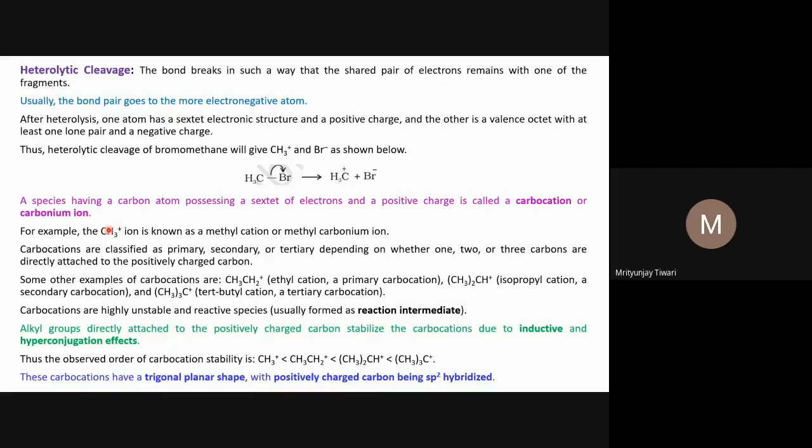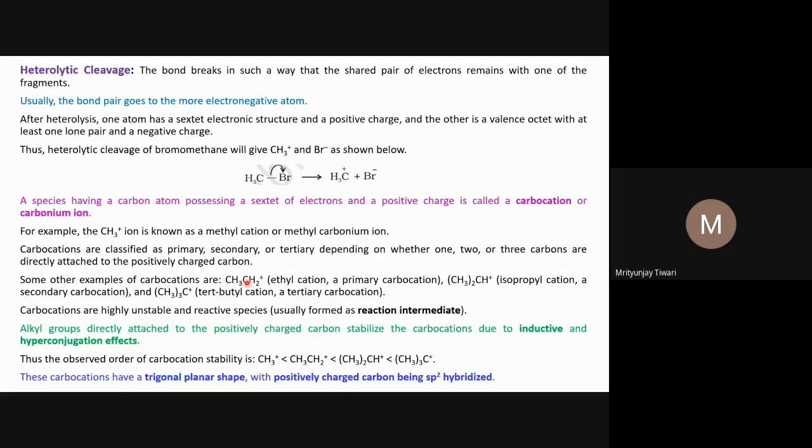When two carbon atoms are directly linked to the carbon atom having a positive charge, it is called a secondary carbocation, and a tertiary carbocation has the positively charged carbon atom linked to 3 alkyl groups. These alkyl groups could be different or the same, and so we get primary, secondary, and tertiary carbocations.